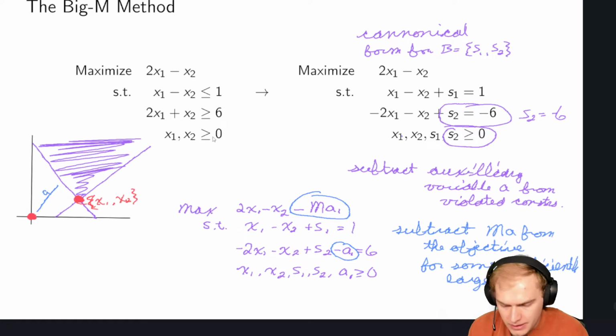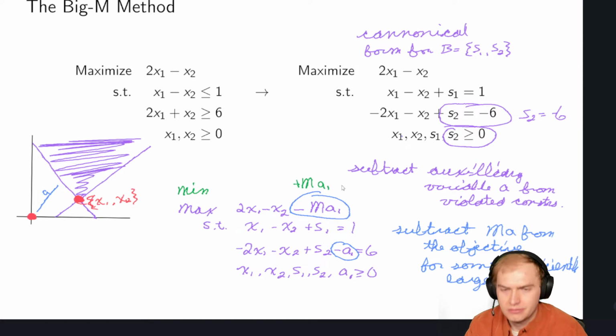If you happen to have a minimization problem, you would actually add M times A. So what this does is it says, since we're infeasible, A is positive, right?